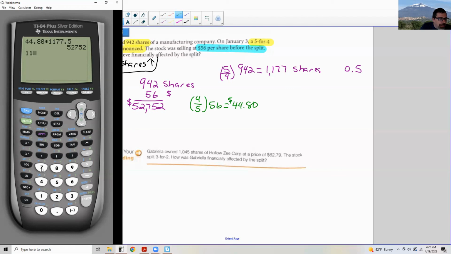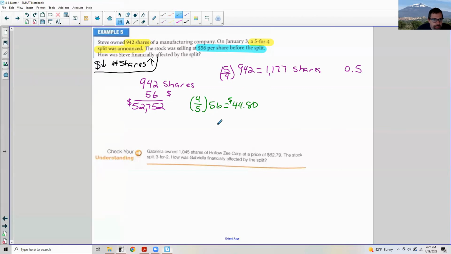So now I'm going to take that 1,177 times 44.80. My share value now is $52,729.60. These are my shares, but I had a half a share, and half of $44.80 is $22.40.